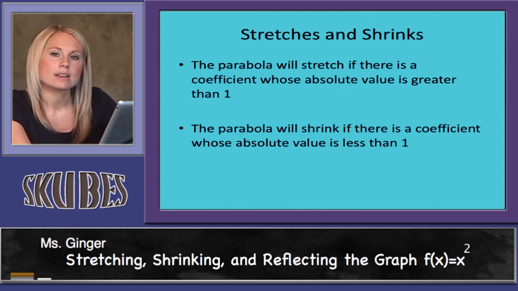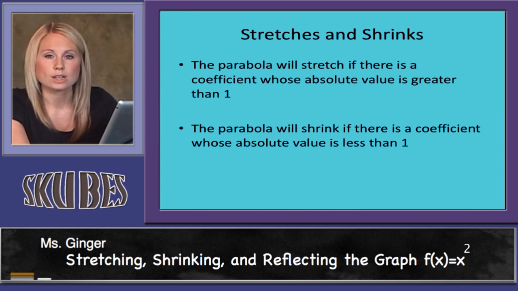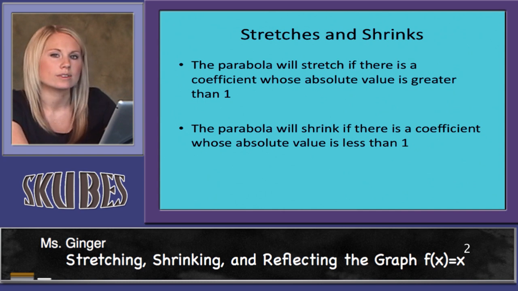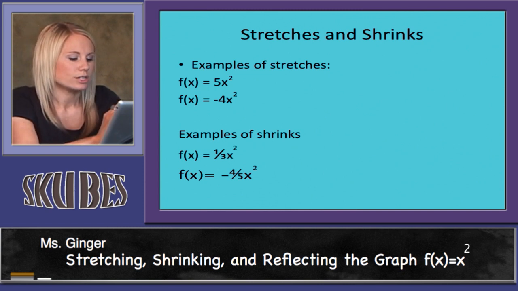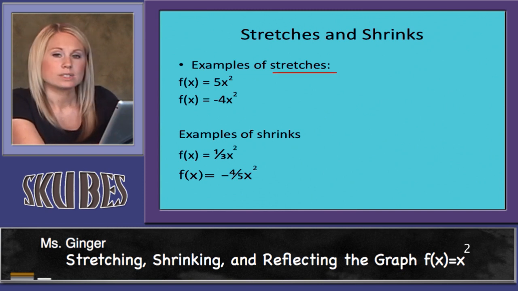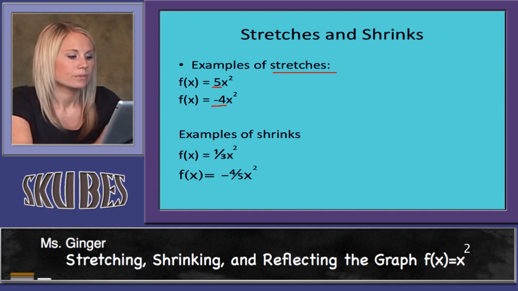If you see a number sitting there in front that has an absolute value that's less than 1, like a fraction, that is going to cause a shrink, going to kind of compress the graph down and make it wider. So here's some examples of what you'll see. Stretches, you will see those positive or negative integers sitting out there in front, like 5 or -4.